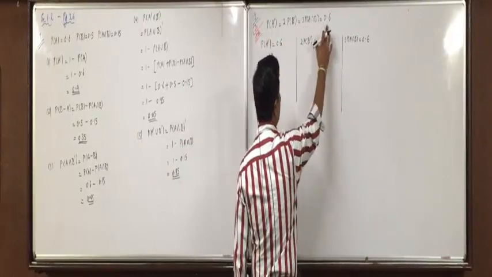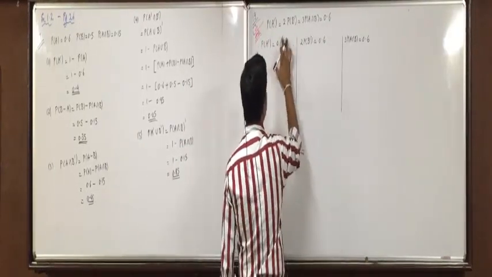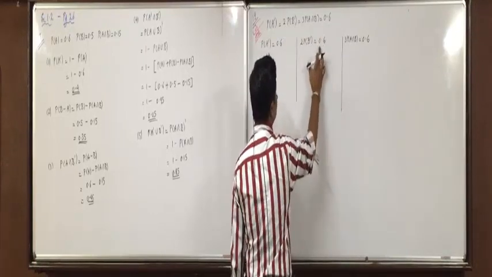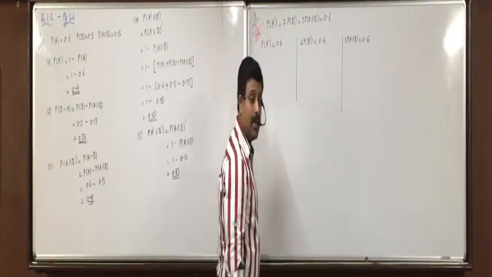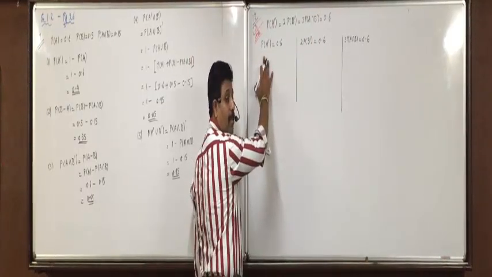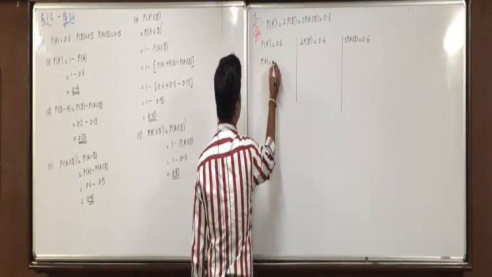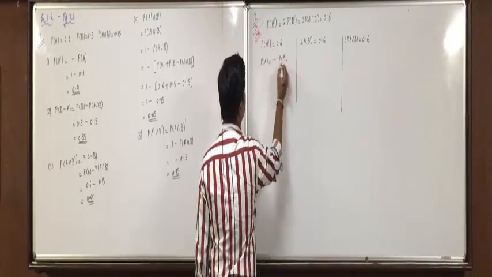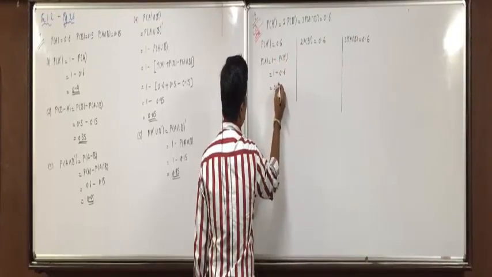All these three are equal to 0.6. From this we can find out P(A). P(A) will be equal to 1 minus P(A'), 1 minus 0.6, 0.4.